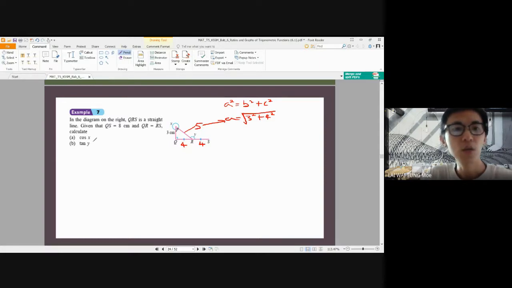Now we want to calculate the cos x. If you notice, the angle x is this blue angle here. But when you want to find the sine, cos, tangent, we always use a right angle triangle, within the right angle triangle.